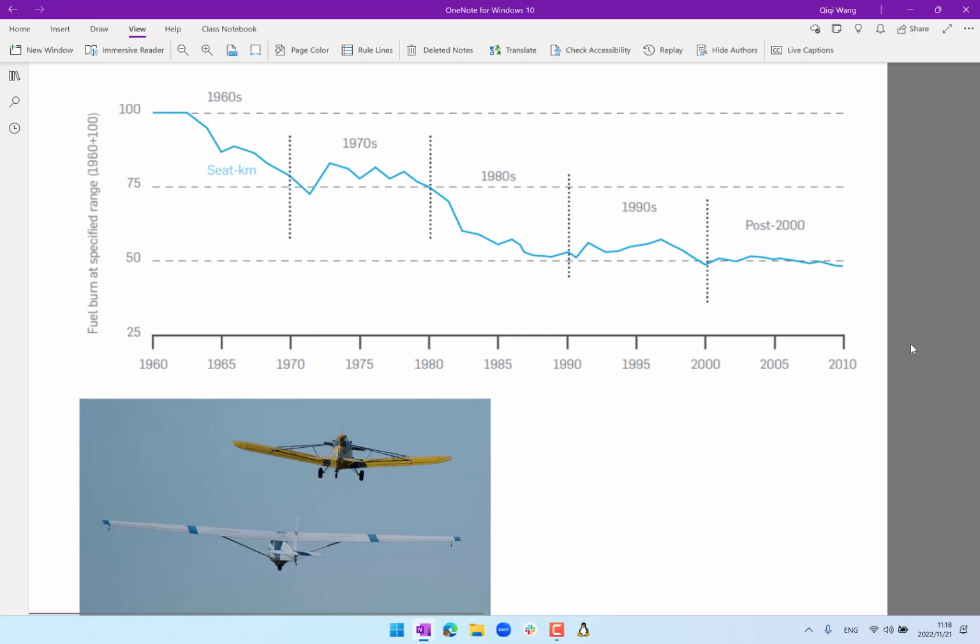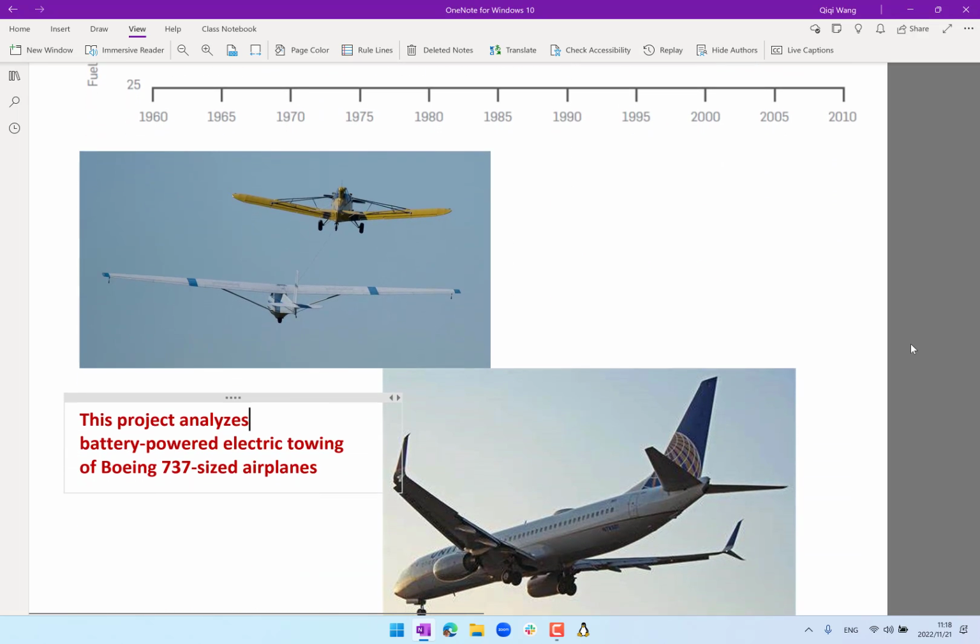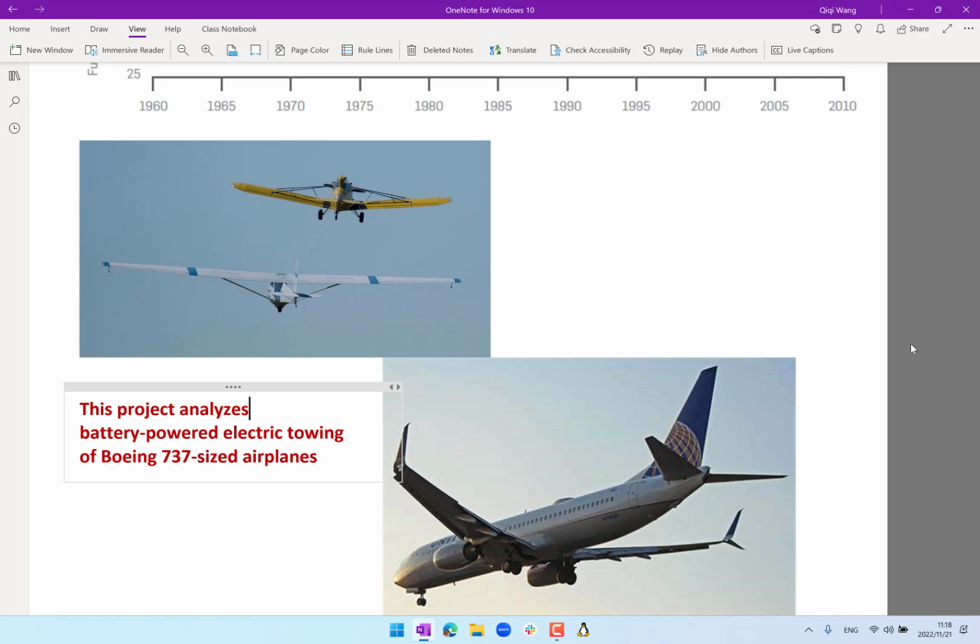So essentially the design project is to scale the kind of towing which is currently only practiced at a very small scale, like gliders and single engine propeller airplanes, to 737-sized airplanes. So that's really the goal of the project this year.